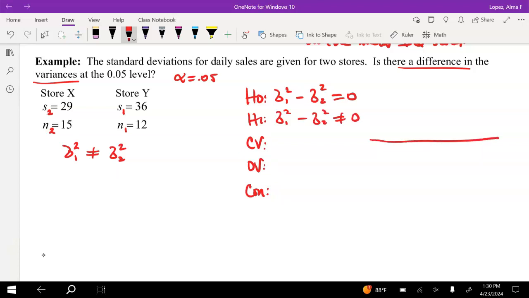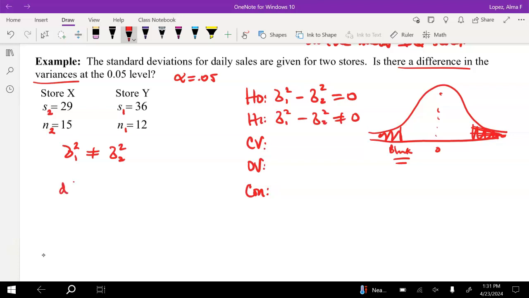It is going to be a two-tailed test. It is an F test. Now, here's the cool thing. You only ever consider the right tail. So this one is going to be blank. You don't ever have to find the critical value for the left tail, just the right.